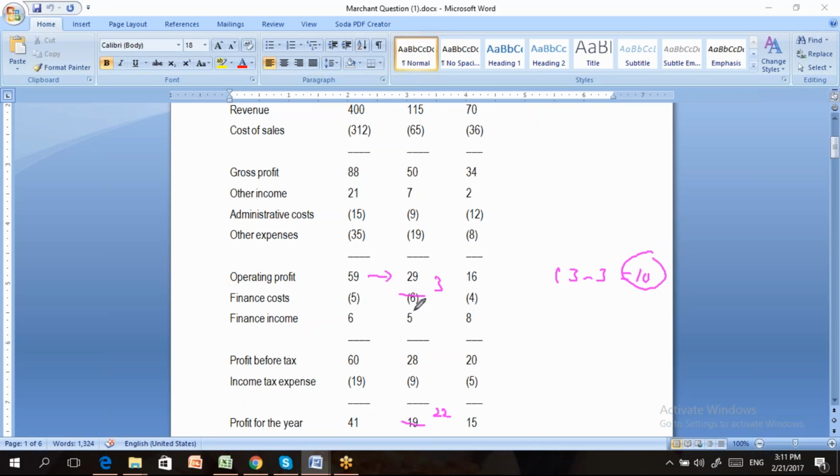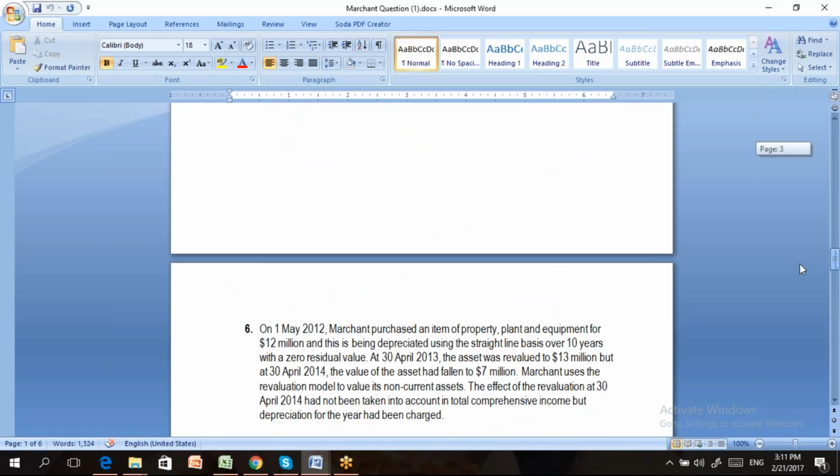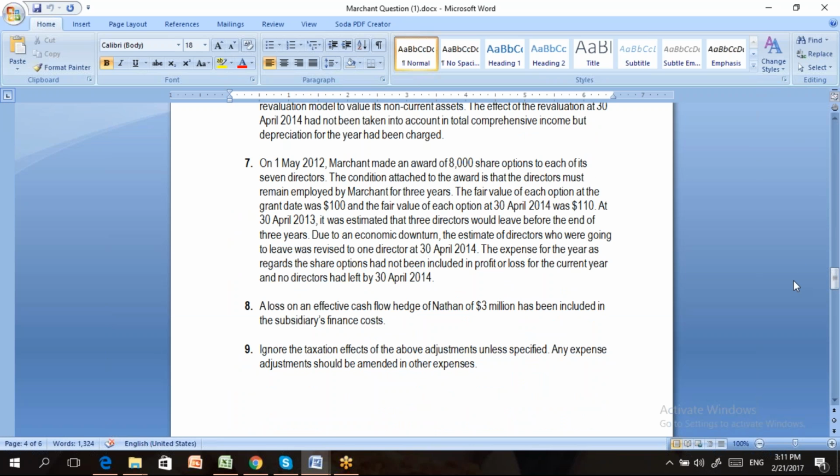Because this 6 million stated as finance cost is overstated by 3 million, because that 3 million should go to the other comprehensive income. Look at note number 8: a loss on effective cash flow hedge of 3 million has been included in the subsidiary finance cost, which is wrong.